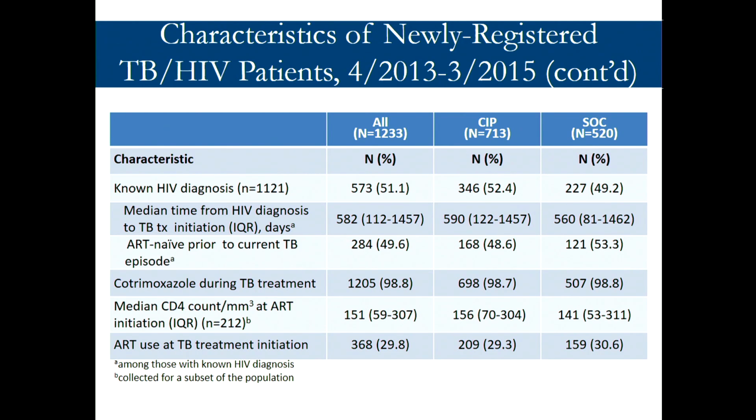Almost all patients received cotrimoxazole during TB treatment. In a subsample of patients in whom we collected CD4 data, the median CD4 count at ART initiation was 151. And overall in the cohort, 30% were on ART at the time of TB treatment initiation.